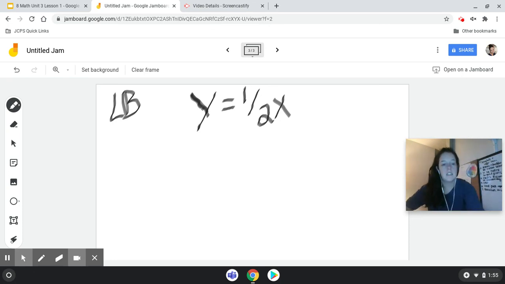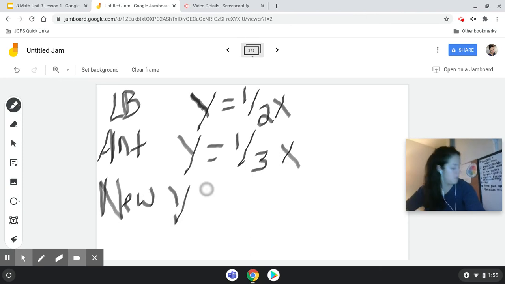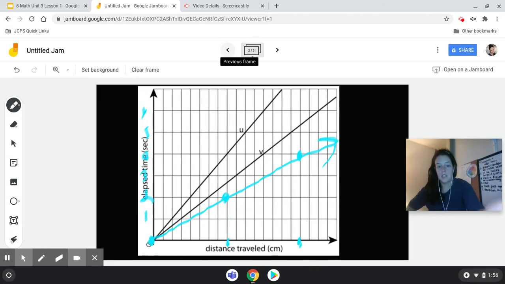For the ant, we could do y equals 1/3 of x. And then for the new bug, which we're just going to call new, y equals 1/4 of x. And that is just taken directly from the graph.